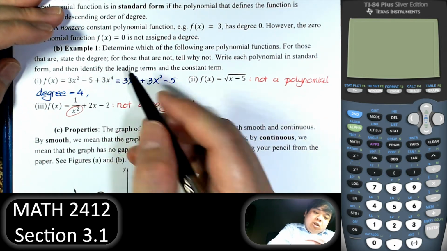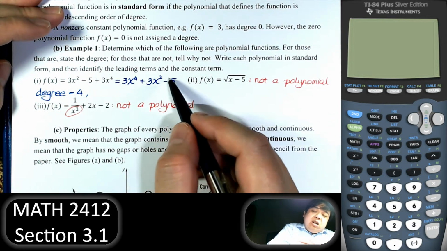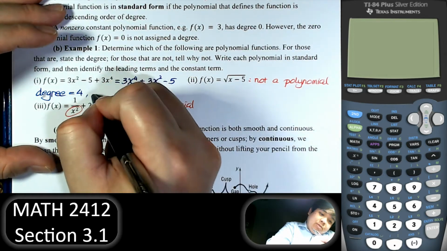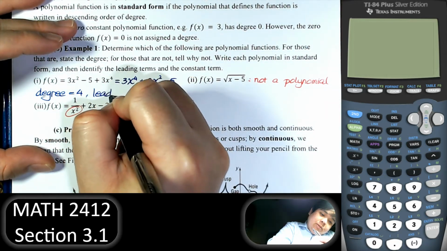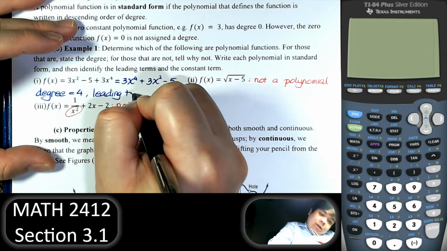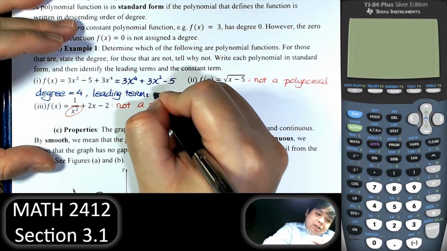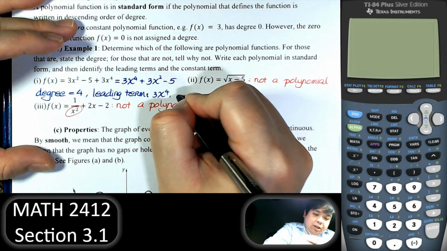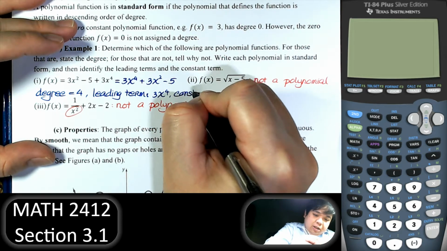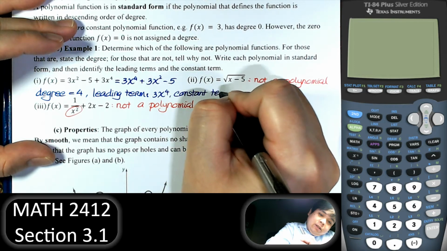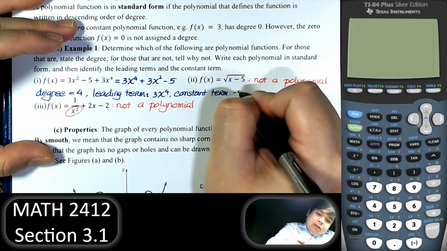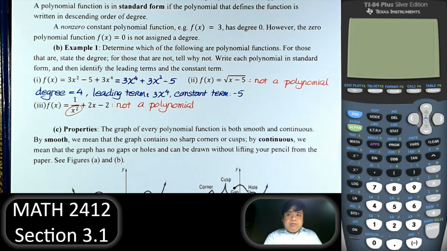Of course, the leading term is 3x to the 4th, and the constant term is minus 5. The leading term is the one with the highest degree, and then the constant term. Yeah, this is not a polynomial.